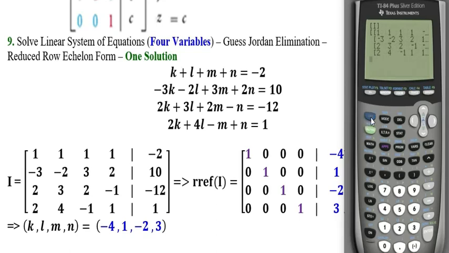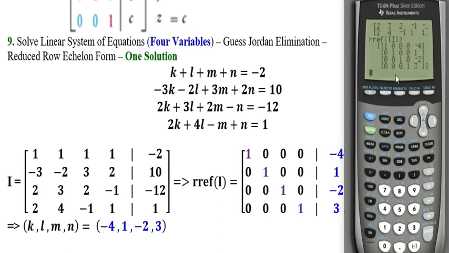Then second matrix, math, go all the way down to RREF, second matrix, I, close it, hit enter.